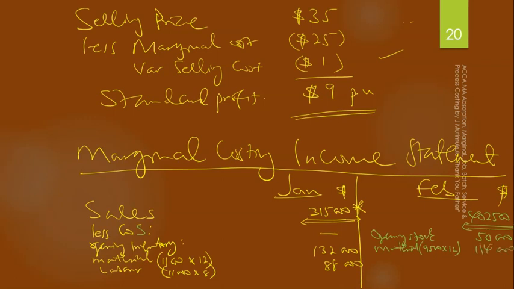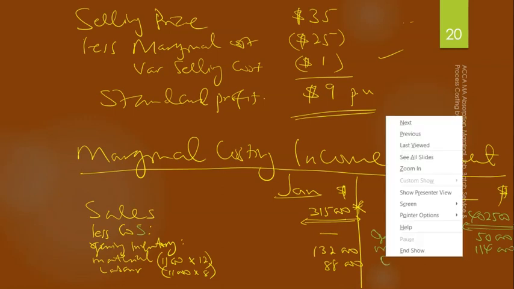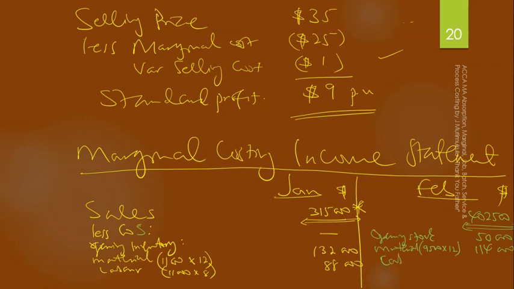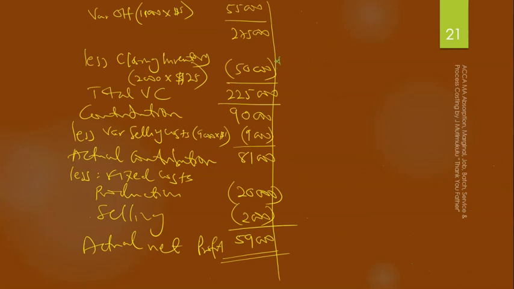We should get 114,000. We do the computation for labor. The labor is also based on the 9,500 units produced, and I still remember it's $8 per unit. Please verify. If you multiply by 9,500, you should get your 76,000. Let us go over the leaf, and we go to the variable overheads.